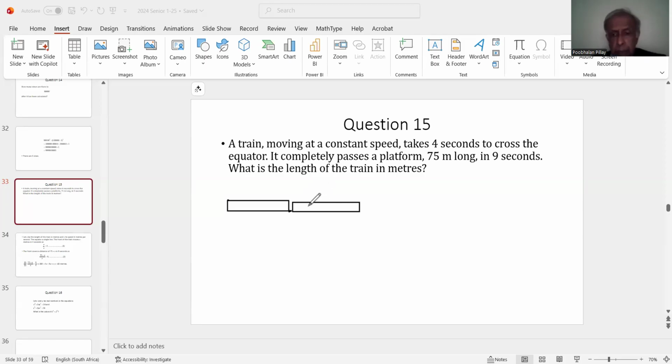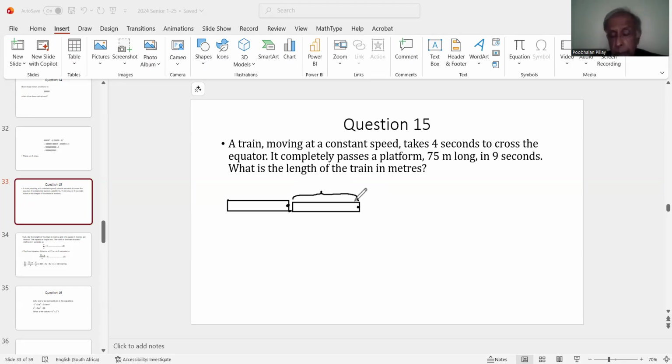So in a problem like this, it's nice to look at the front of the train. There's the front, right? And you want to know what distance that fixed point on the train has moved to cross the equator. It's moved this distance. And the front is here.